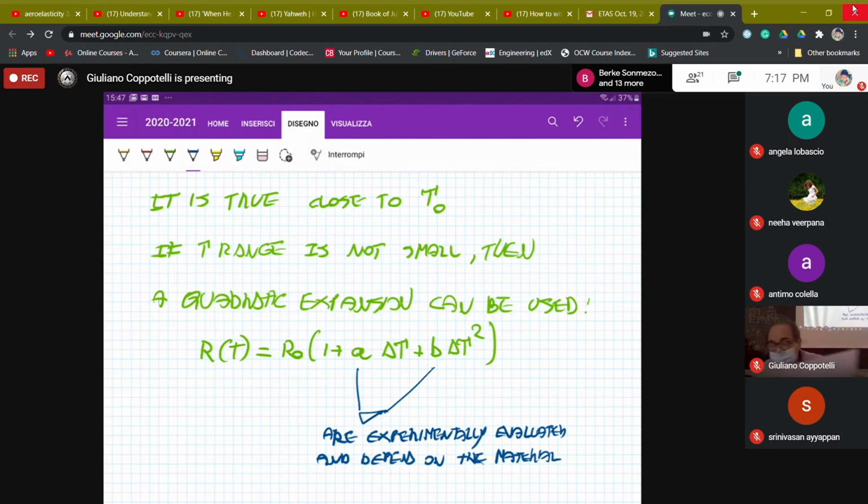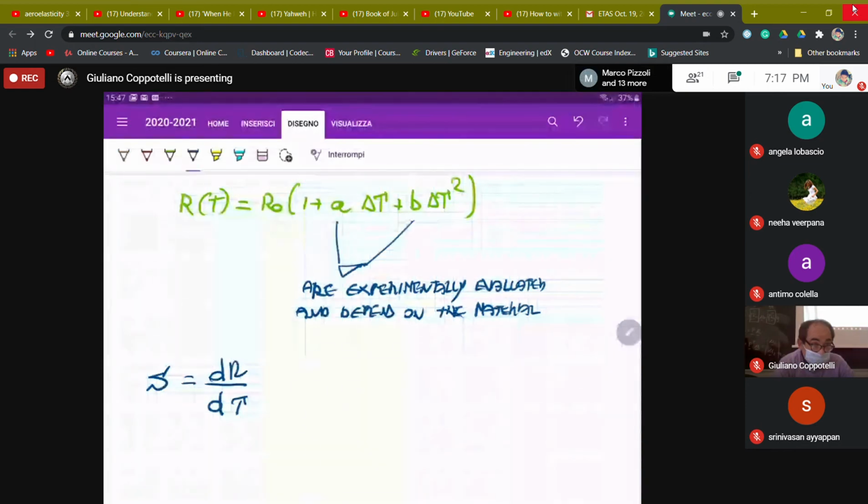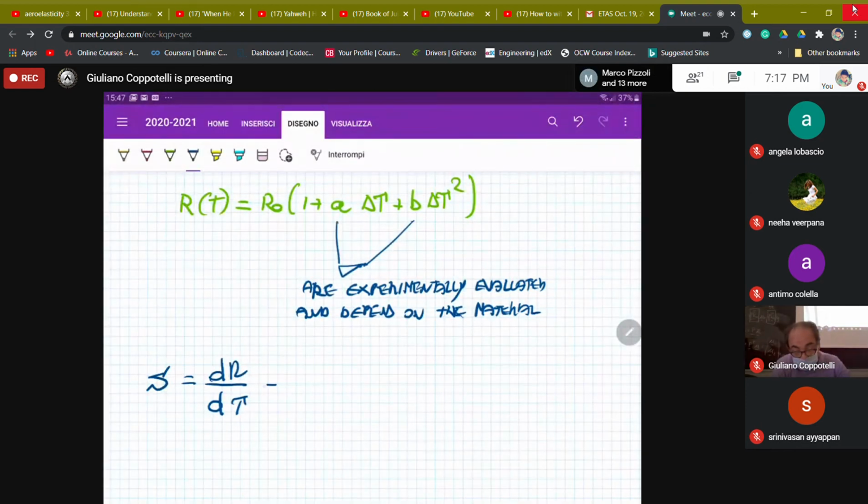The sensitivity of this transducer S is equal to dR over dT, the derivative of the resistance with respect to the temperature, so the output and the input if you want, and that is equal to gamma R0.